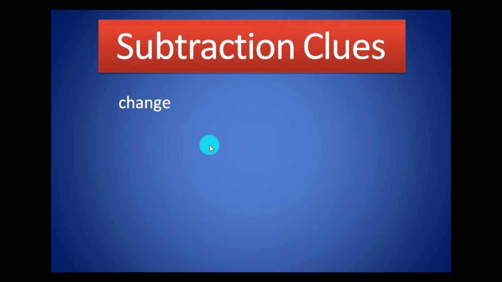So that's a subtraction clue. Let's look at the next one. Decreased by. If you decrease something, you're going to take something from one level down to another level. And that means decreasing, subtracting. That's what you want to make sure you are aware of, that you're subtracting when you see the words decreased by.